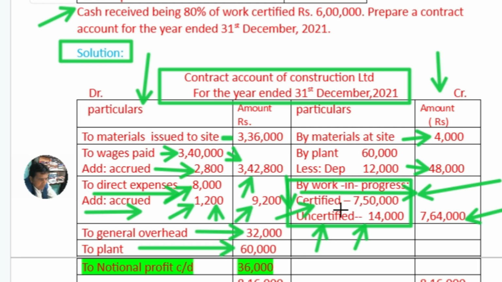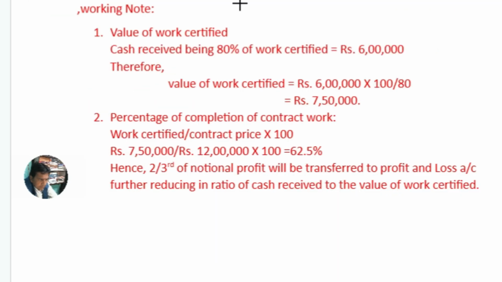Let us see the working note. Here cash received being 80% of work certified is given in the question, and this is rupees 6 lakh.